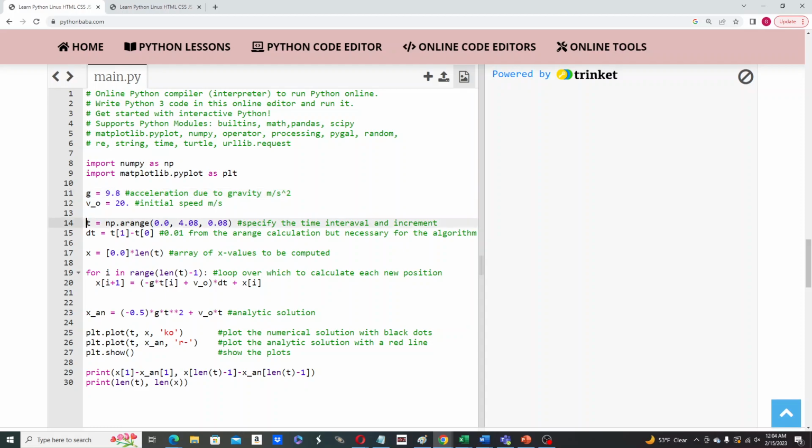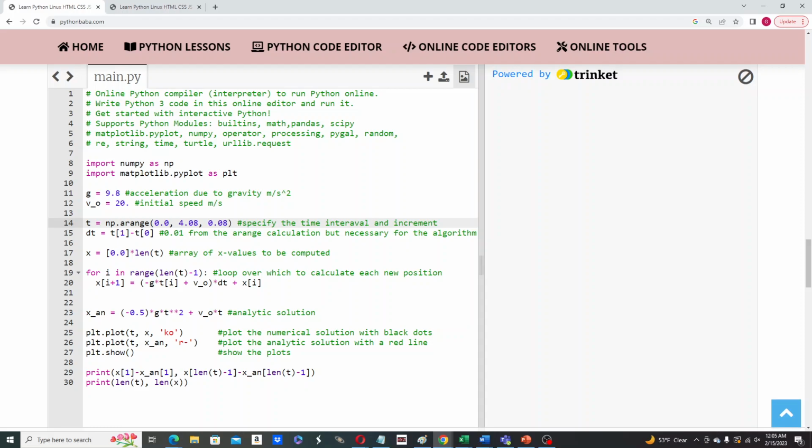And the array for my time is going to go from 0 to 4.8, and I'm going to use an interval of 0.08. So this is going to give me 51 individual data points at which to try and compute the trajectory of the projectile.